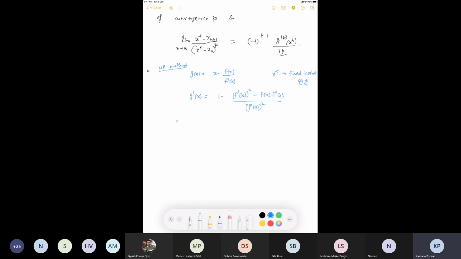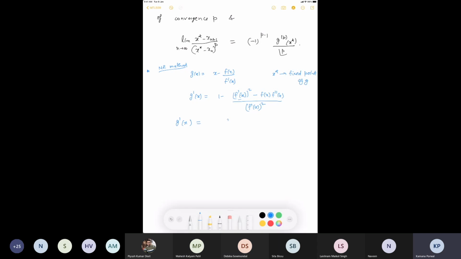And if I evaluate this at X star, what will happen? So we have 1 minus. If you simplify this, let's just simplify first, then we substitute. If we simplify this term, f prime of x will get cancelled.